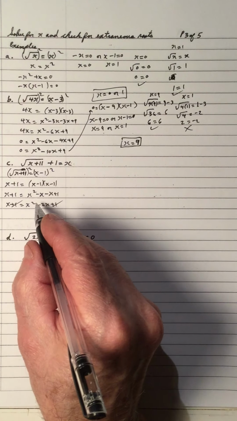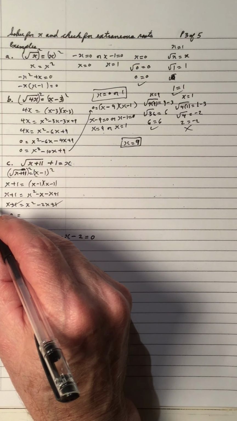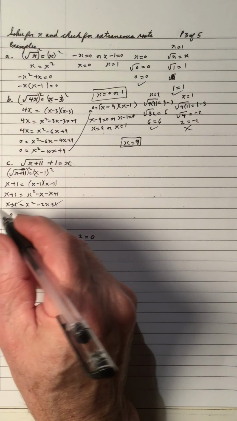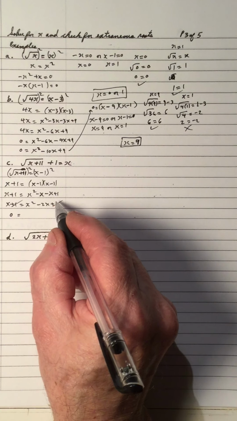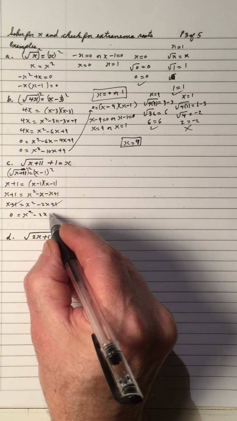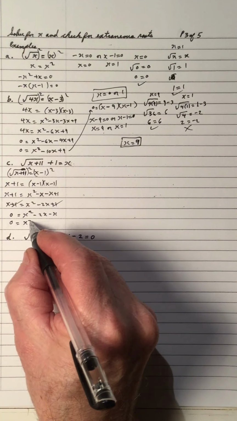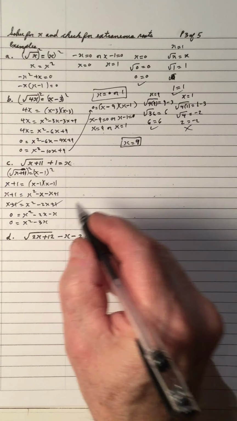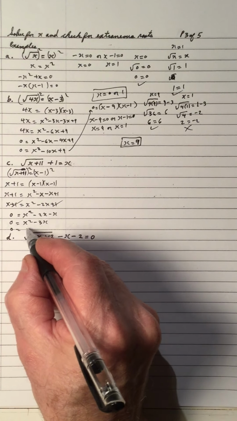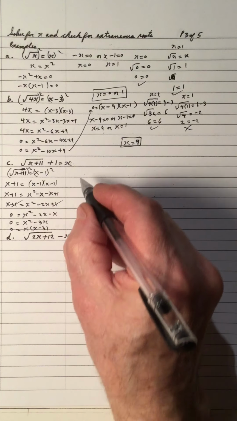Notice the 1s cancel. And again, rather than move the x squared to the left, since we're well up in our math, let's move the x to the right side and make it a minus. So x squared minus 3x, and 0 equals, take the x out because it's factorable, x times x minus 3.